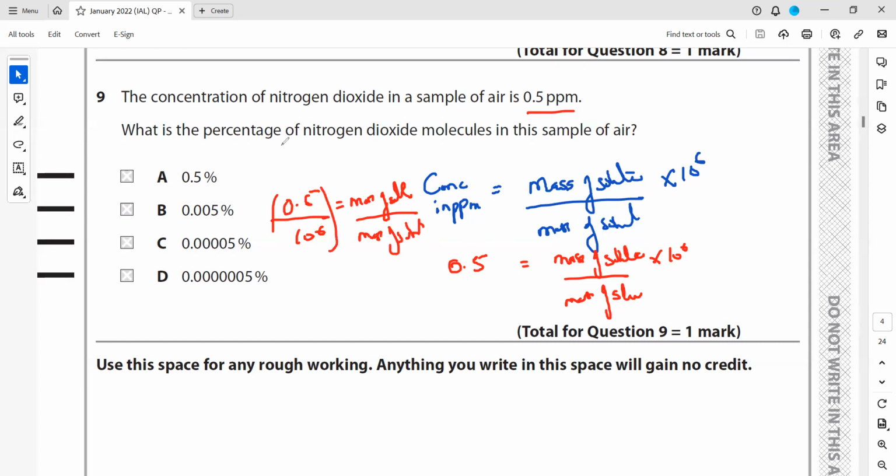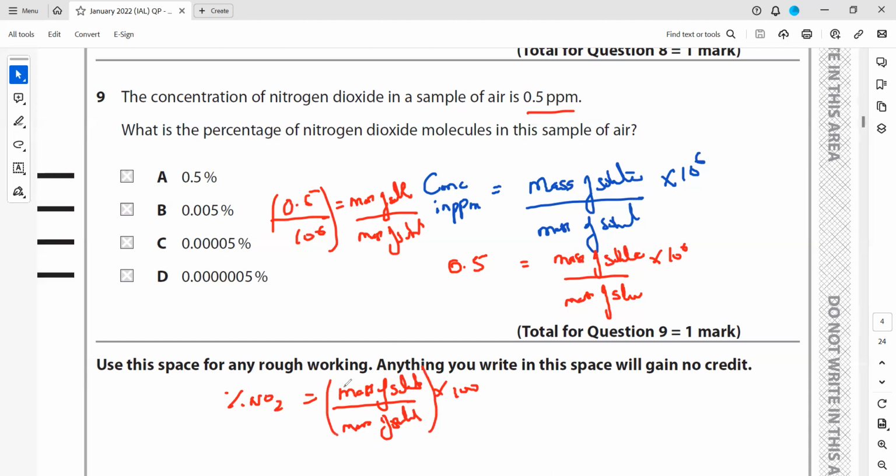Now we want the percentage. The percentage of nitrogen dioxide is equal to mass of solute divided by the mass of solvent, or volume of solute over volume of solvent, times 100. That's how we work out the percentage. Mass of solute over mass of solvent is 0.5 divided by 10 power 6.